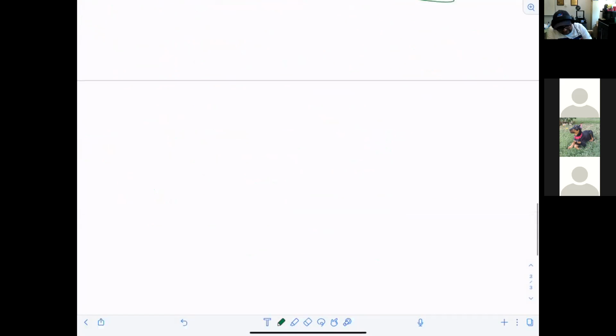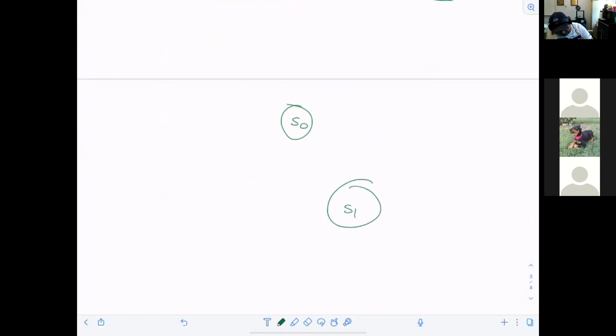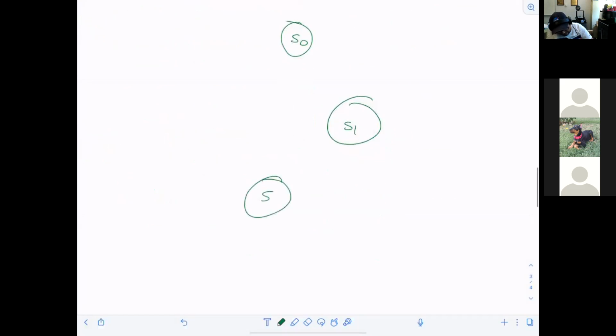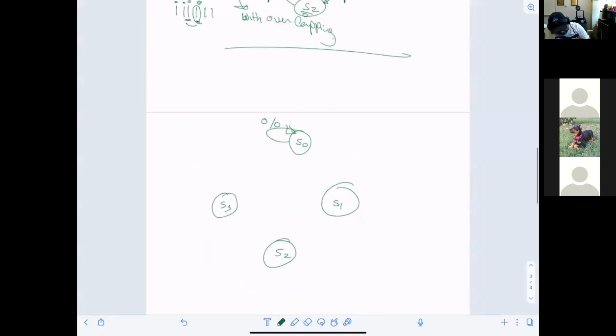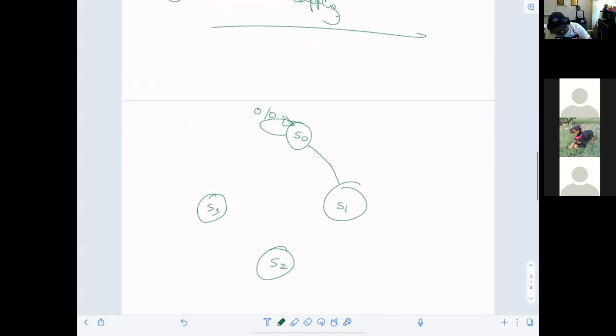Let's make this Mealy. So Mealy is S0, S1, S2, S3, right? If I'm in S0, the output is 0, right? But if I'm at the first one, I'm going by 1, still the output is 0 because I didn't find the whole entire pattern, right?